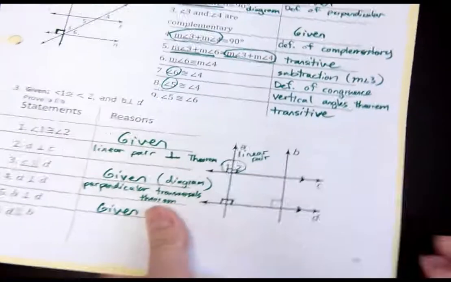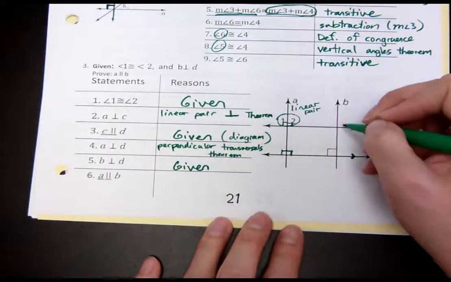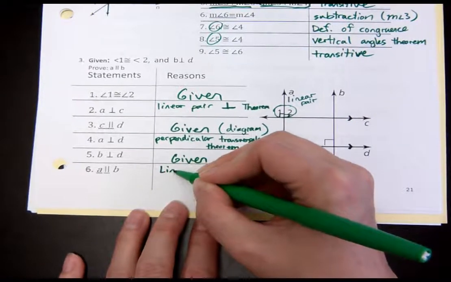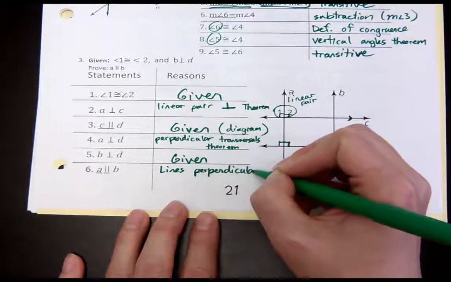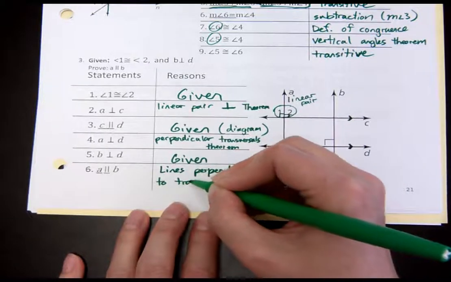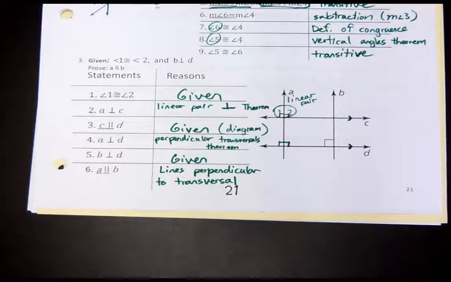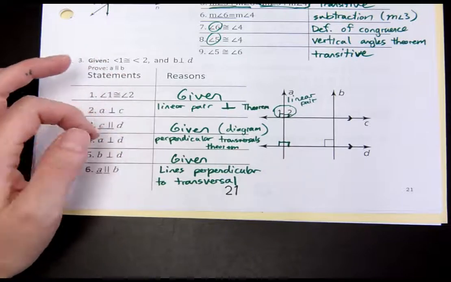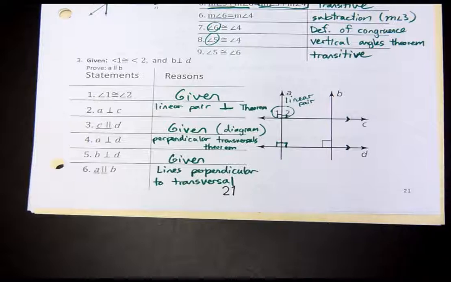So if both the lines are perpendicular to the transversal, then the lines have to be parallel. Do you guys want to add these to your vocab page on page 18? Or do you want to just leave them in the theorems page where they are?